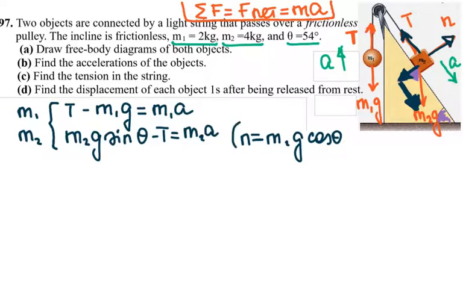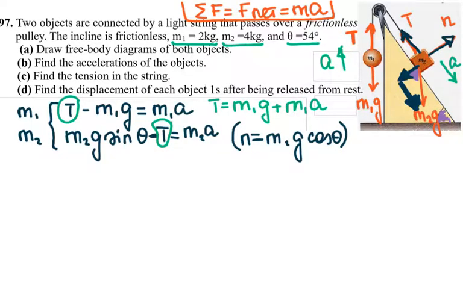And because I don't have friction, I don't really need my normal force. Now I'm going to solve for tension and replace this tension wherever it appears. So the tension is equal to m1g plus m1a.